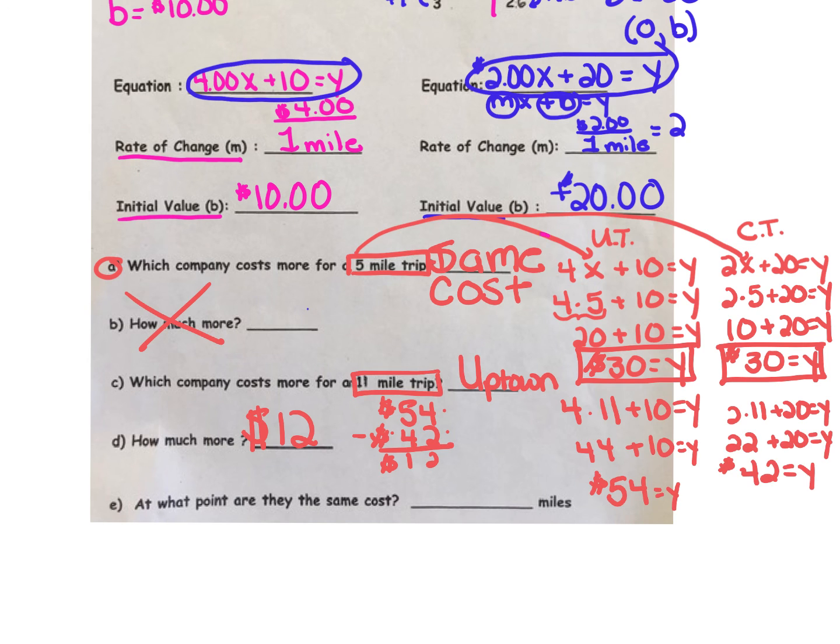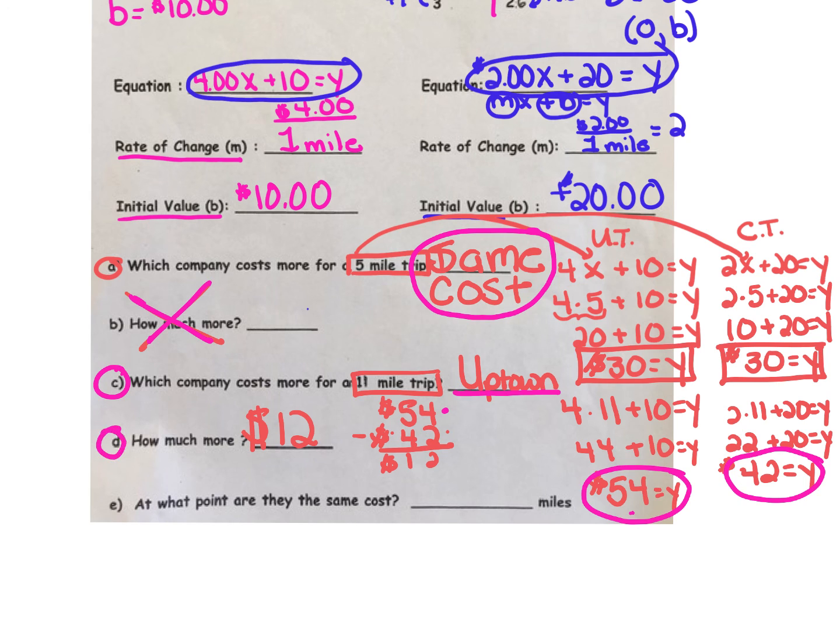So the answer to letter A is they are the same cost. So cross off B. The answer to letter C is Uptown. If you use the formula, you will see Uptown is 54, whereas Crosstown is only 42. So Uptown costs more. The difference is $12. Find the difference by subtracting.